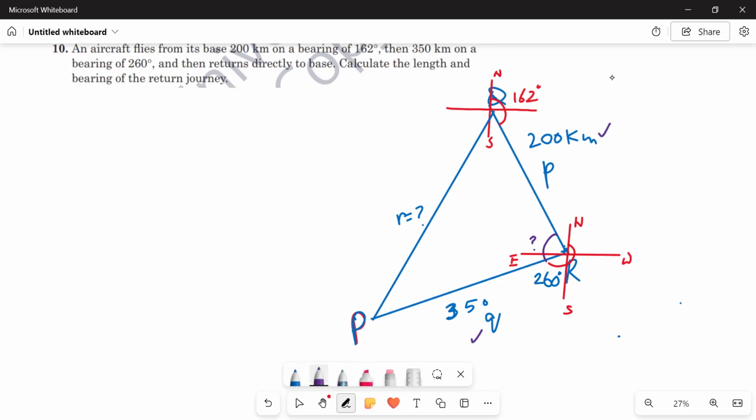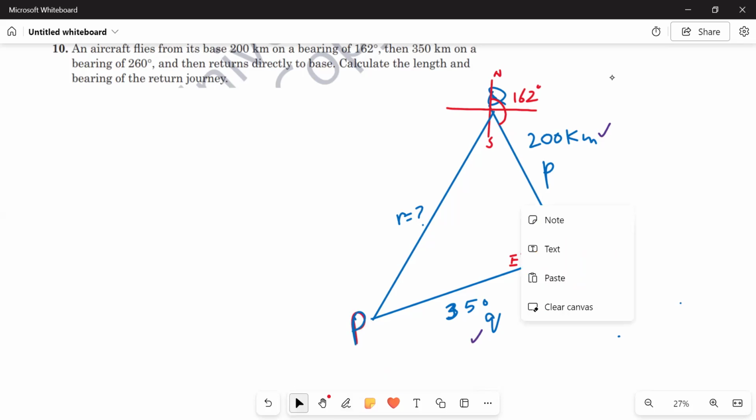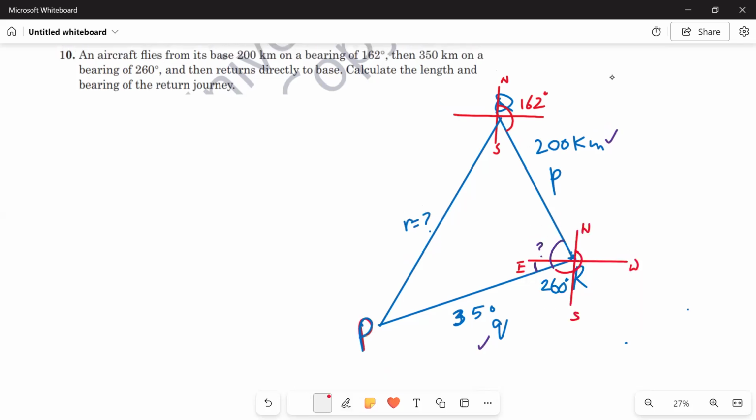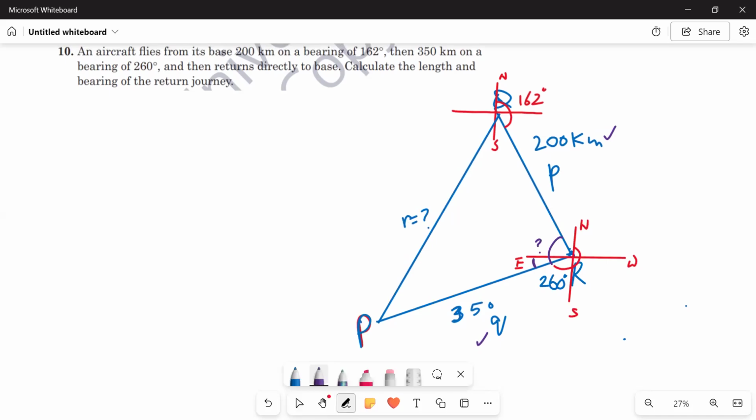If I complete this, it is 260, and this one is 10 degrees, because if we take it as a complete three quadrants, it will be 270. So 270 minus 260 will be 10 degrees. That is this one.